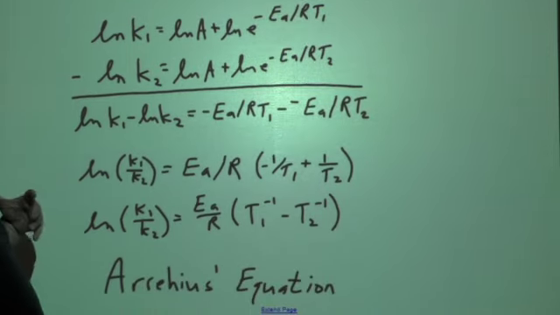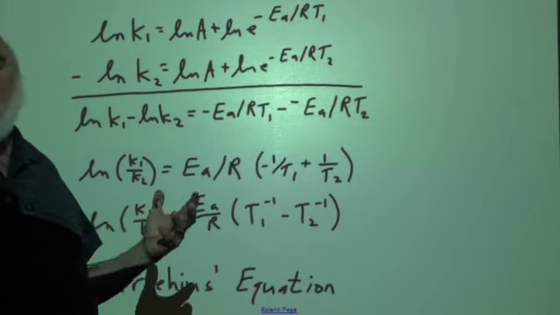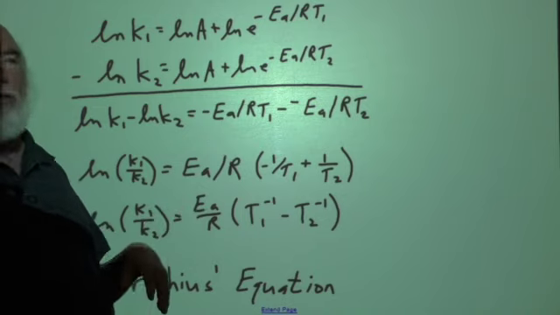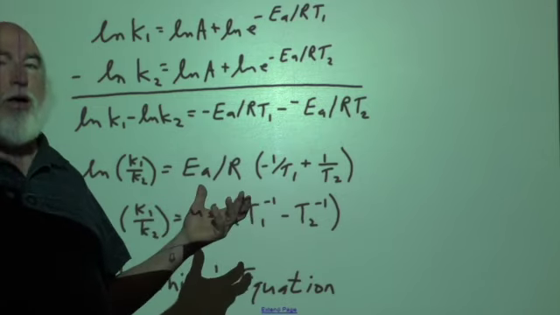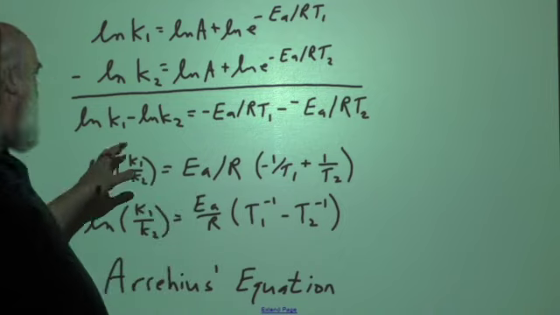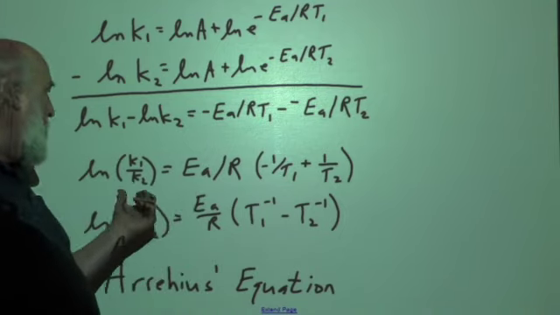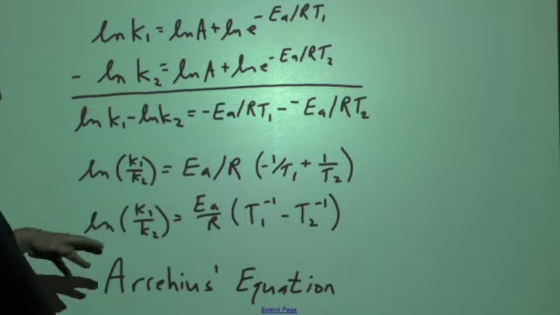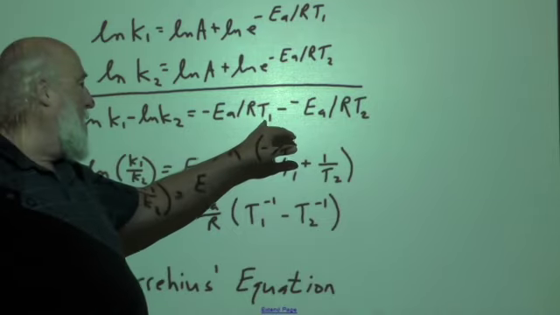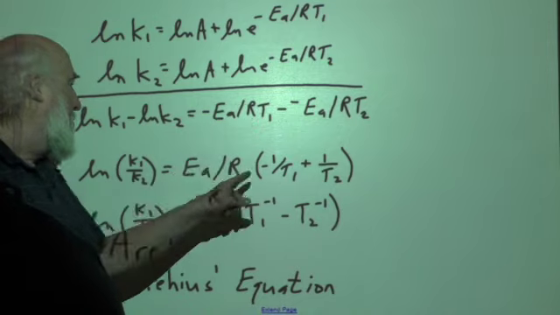Now, when you subtract two exponents, you are dividing by their like base. These both have a like base of e, and so you take k1 divided by k2 when you subtract the exponents. Over here, we factor out an EA over R from both of these terms.